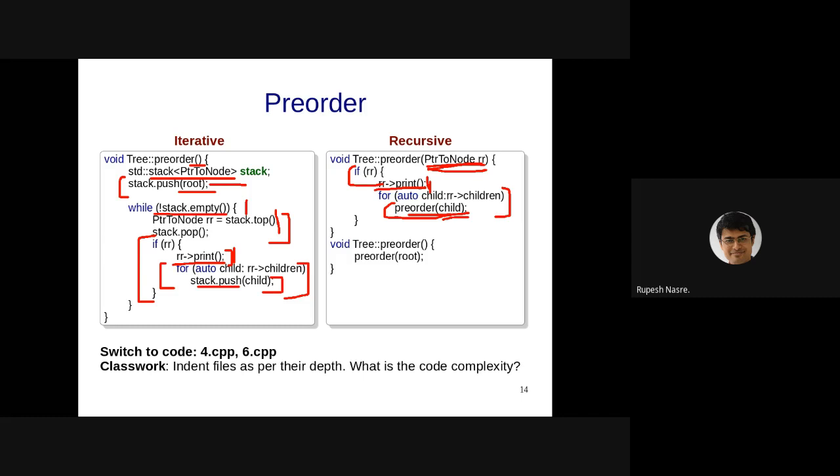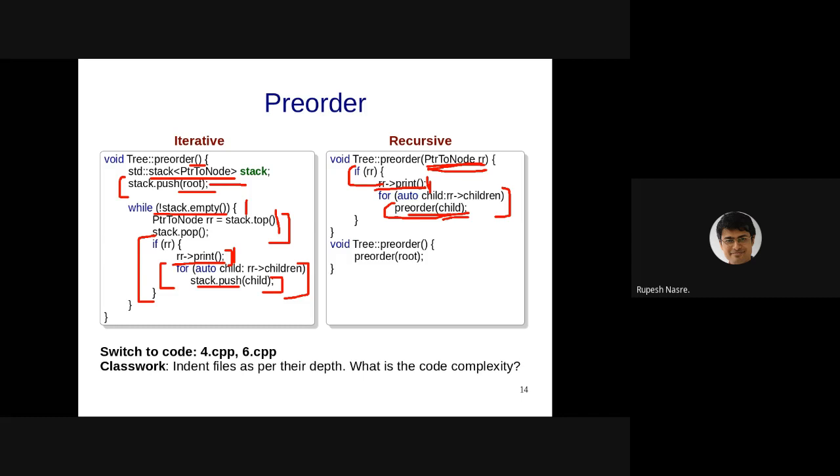Any arguments for or against that? So I hope my argument is clear, right? So if it would have been RR arrow print for every node, then it is definitely order n.